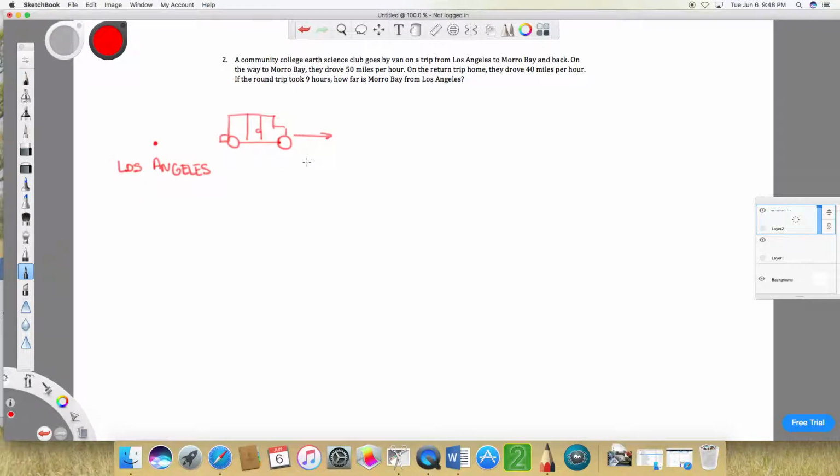We know that on the rate to the bay, they are driving 50 miles per hour.